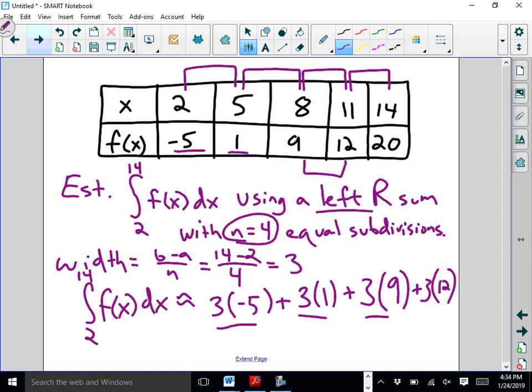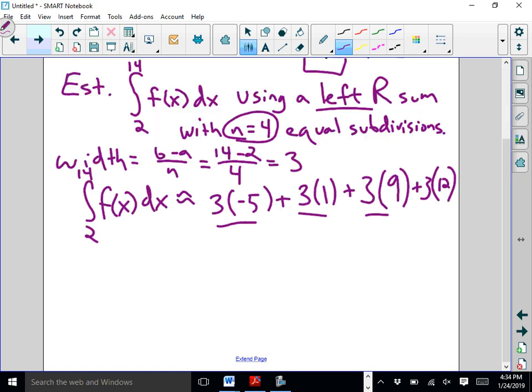I'm going to add these things up. This is going to equal negative 15 plus 3 plus 27 plus 36. Okay, negative 15 plus 3 is negative 12.